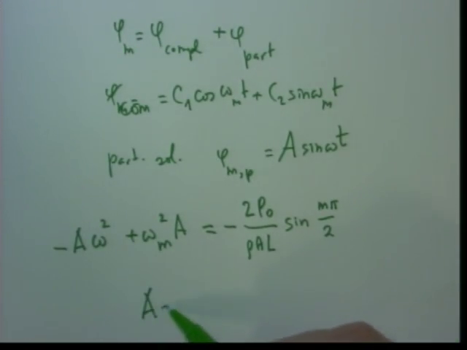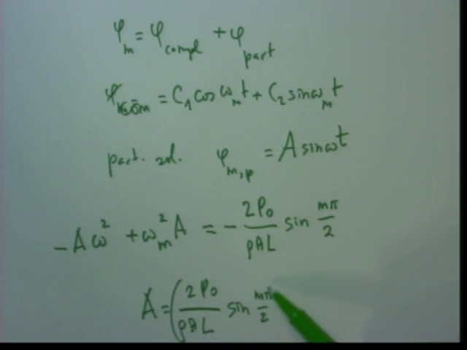So then A equals, okay, so I can multiply everything by minus, I get 2 p0 over rho A L, sine m pi over 2, and then 1 over omega squared minus omega sub m squared.